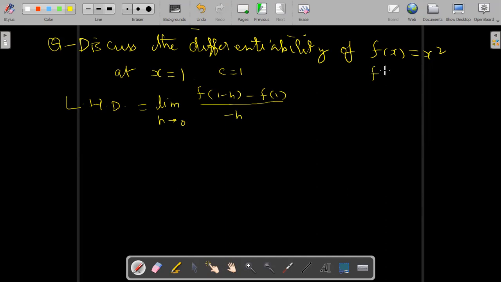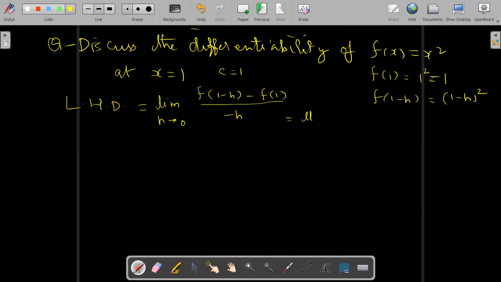Now use this value. f(1) is equal to what? 1 square, that is equal to 1. And f(1 minus h) will be equal to (1 minus h) whole square. So these values substitute here to get the left hand derivative.